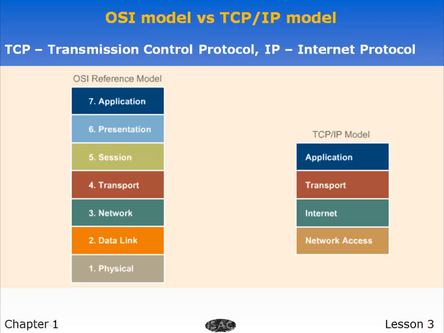TCP stands for Transmission Control Protocol and IP stands for Internet Protocol. This is much simpler and easier to understand than the OSI reference model. Any group of protocols in different layers through which our communication happens we call a protocol stack.